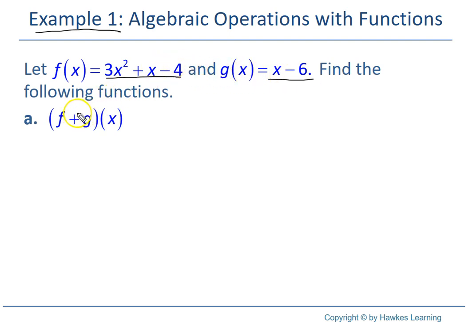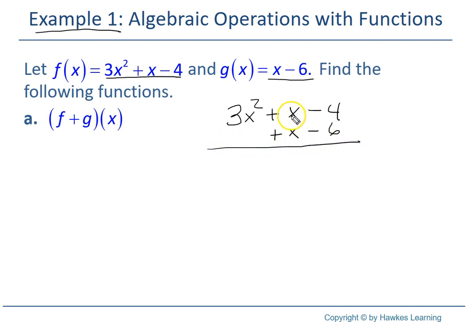So, according to our rule, we're just going to add these two functions together. And you want a strategy for doing this, and I know in our 1103 class we suggested you line them up vertically. So x squared plus x minus 4. And now we're just going to put these under their like term columns. This is going to be plus x, and this is going to be a negative 6.